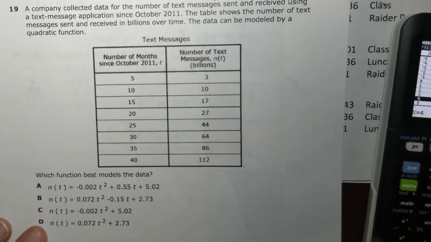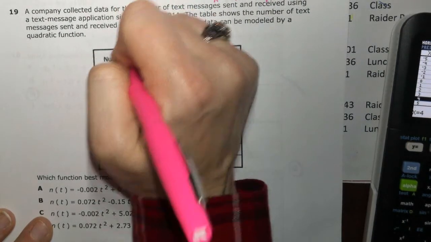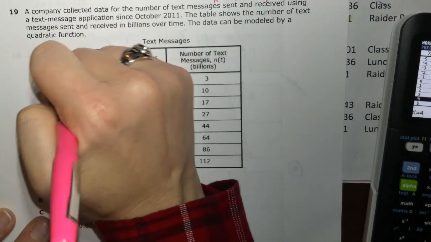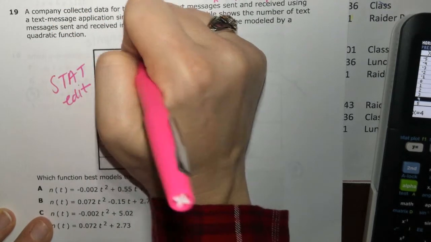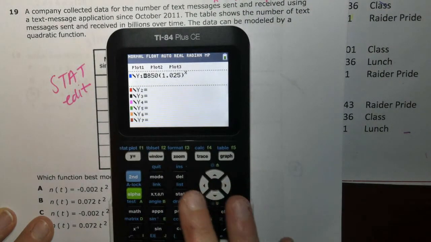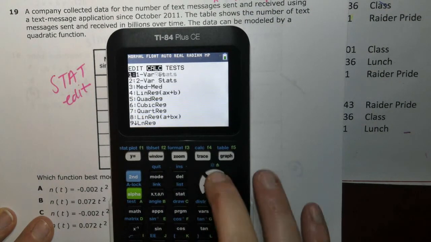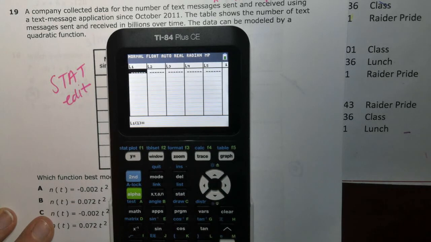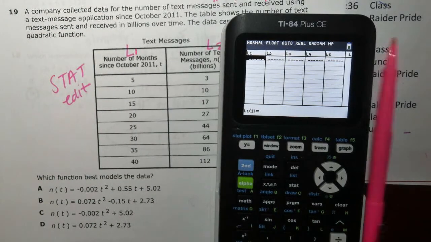Okay, so this is what I would do if I were you. I would put it in stat edit. These are your L1s and these are your L2s. Let's do that. So my L1s.